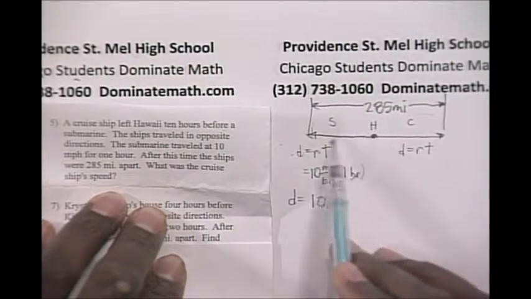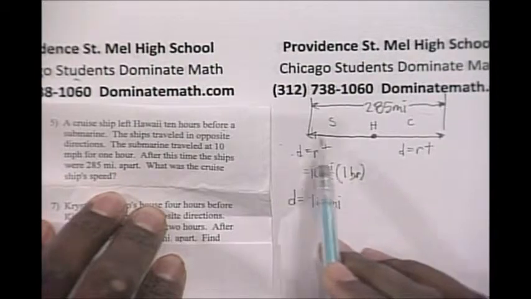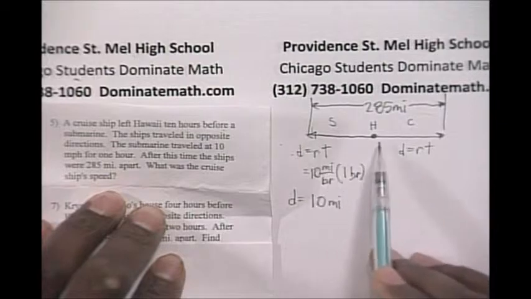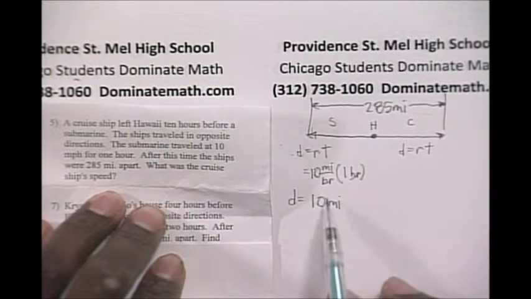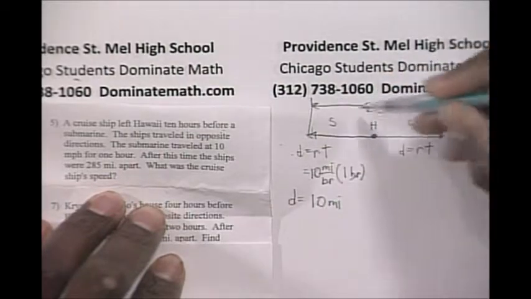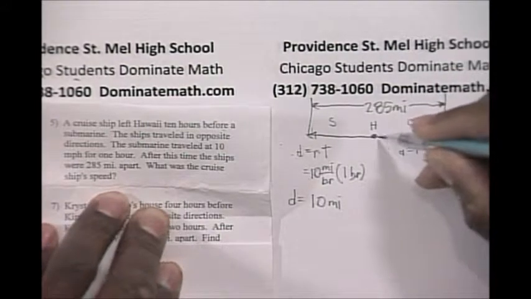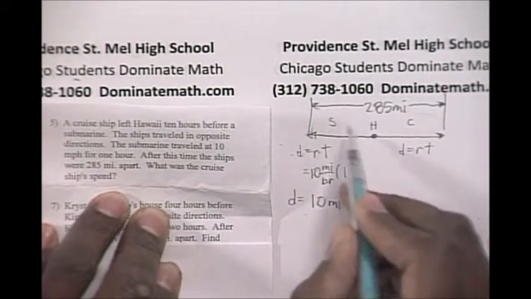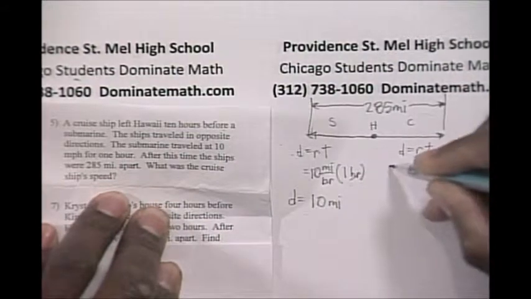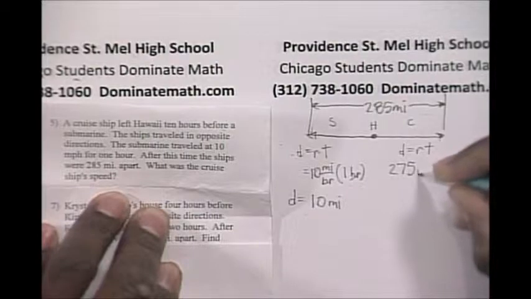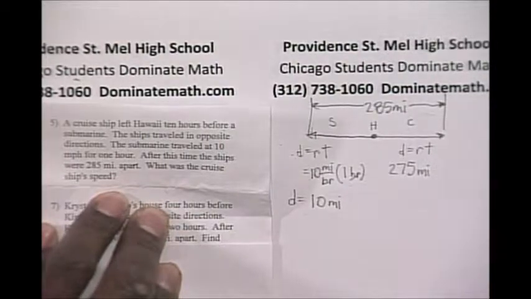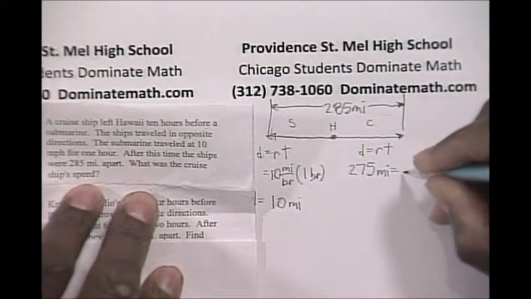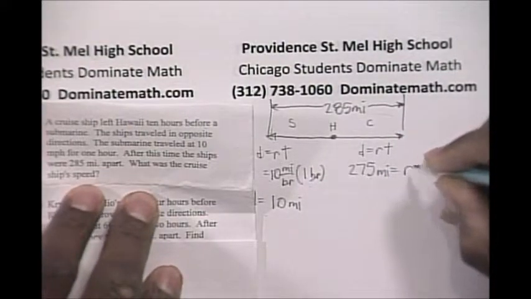Well, if the submarine traveled 10 and this entire distance was 285, the distance that the cruise ship traveled had to be the difference between 10 and 285, which is 275 miles. So now you know that that's equal to the rate, which is unknown in this problem.